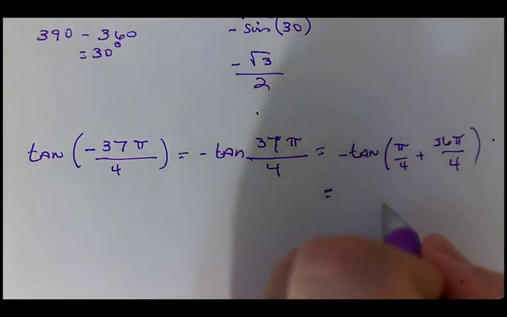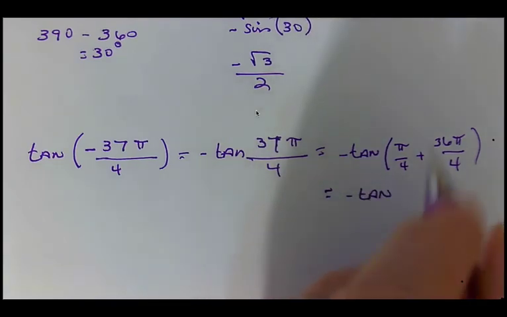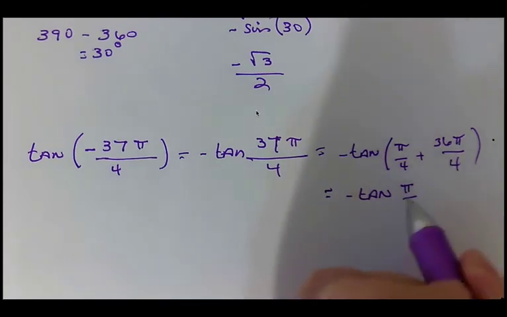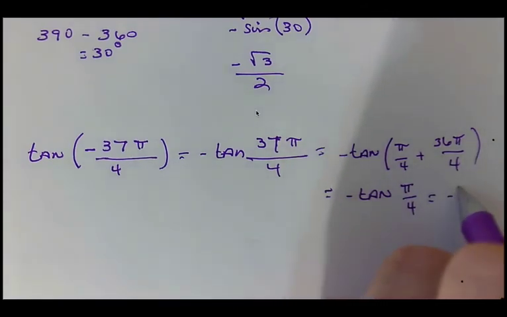When we write this for the last time, we have a negative tangent of pi over 4. And what are we left with? Negative 1.